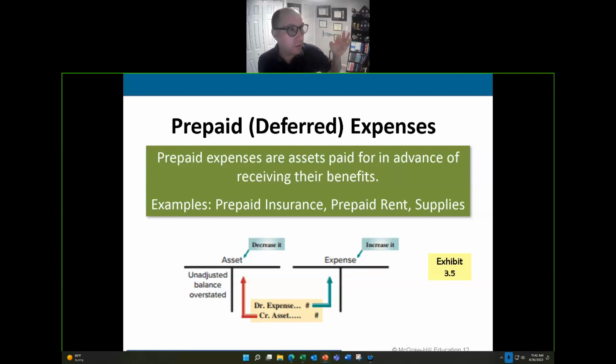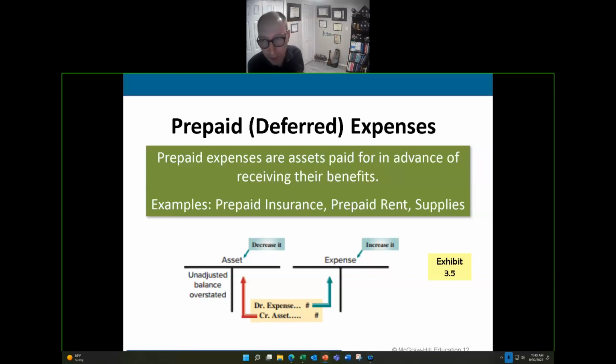Using the example, the company prepaid the insurance for 24 months on December 1, 2019, and it covers a full 24 months starting with December 2019, which means it'll end in November 2021. We paid the entire 24 months up front, which makes it prepaid insurance.